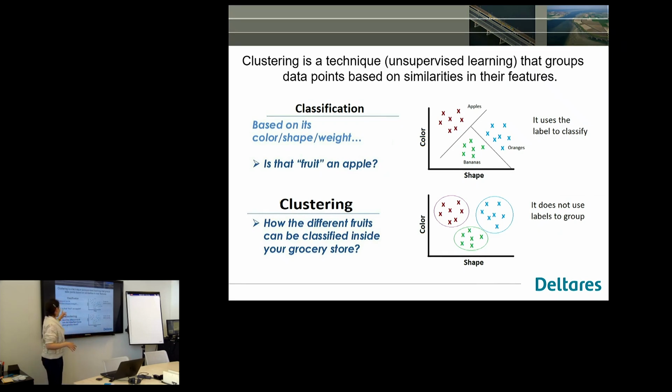But clustering is, let's forget that, I don't know whether a fruit is an apple or a banana, but taking into account the color, how it smells, the size, I want to infer whether it's an apple, a banana, a kiwi, whatever. So this is clustering.